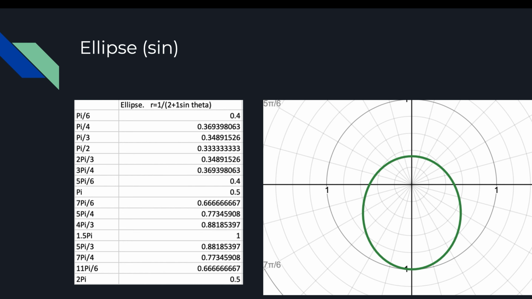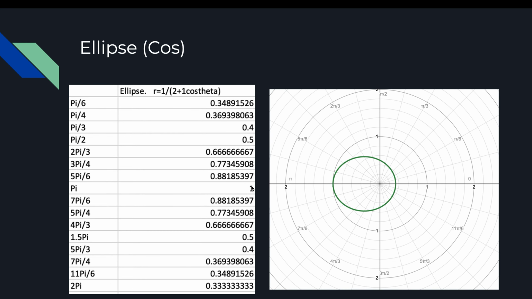And then if we go over to the next slide, here's the same ellipse, except we are using the cosine of theta, and as you can see, it's really just been rotated 90 degrees around the pole. And we have our symmetry over the x-axis now, but we still have most of our ellipse to the left of the y-axis this time.